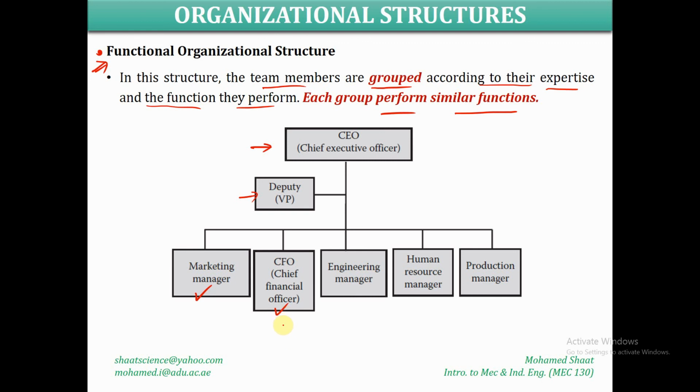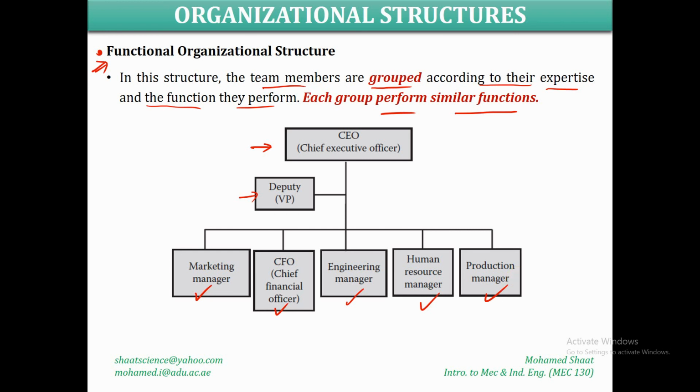These people also hold degrees that qualify them to work in this office. Engineers, for example, we can even divide into a mechanical engineer department, civil engineer department, electrical engineer department, human resources department, and the production department, and there should be managers assigned to these departments.